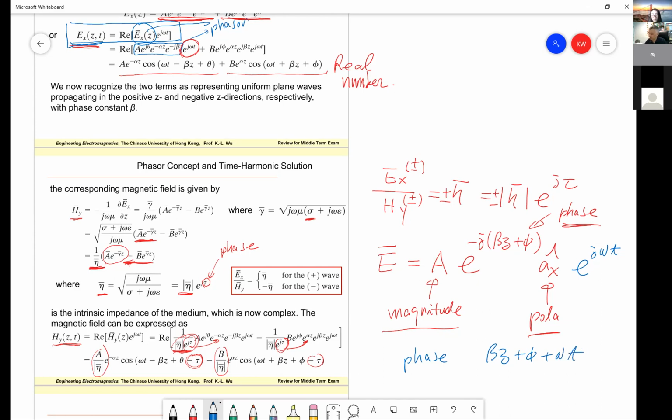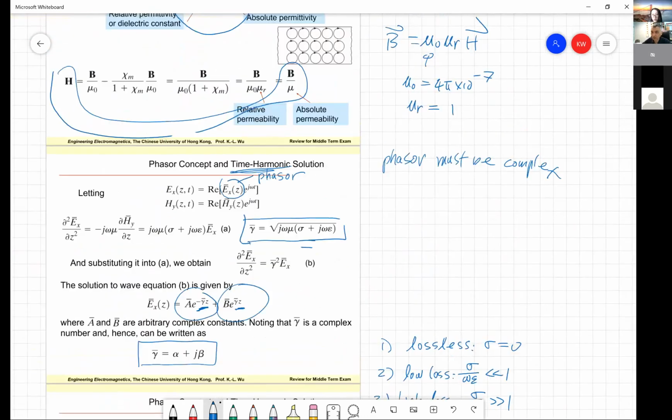But this is imaginary, so I can put negative, negative, and positive. In phase, we have three factors: omega, beta, and initial phase. A big 3 and a small 3.